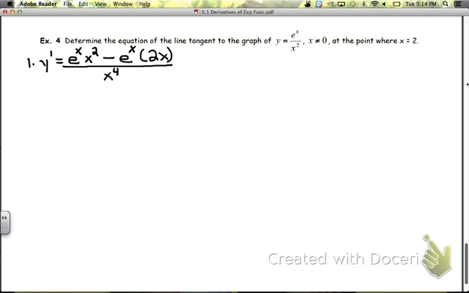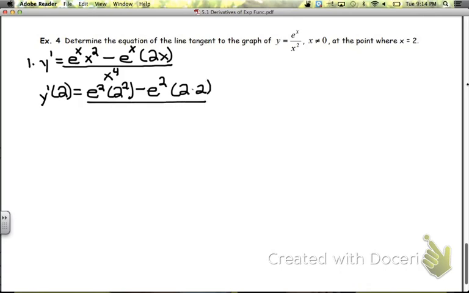And then we also need to know at our point here, because that point will then allow me to have my slope at 2. So e squared times 2 squared minus e squared times 2 all over 2 to the power of 4.